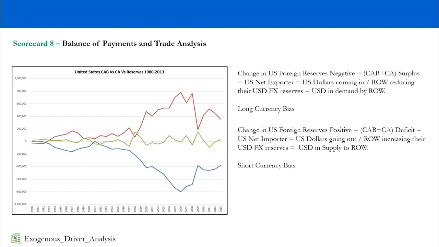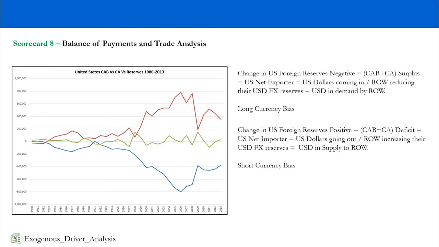So we're looking at the US dollar versus the rest of the world. And as alluded to previously, we're looking at the US dollar to the rest of the world, which means this is against every other country in the world. So US dollars being shipped into the United States means the rest of the world has a demand for US dollars.